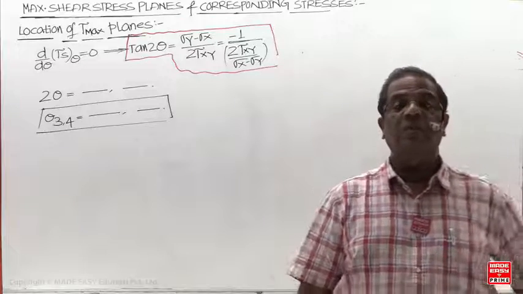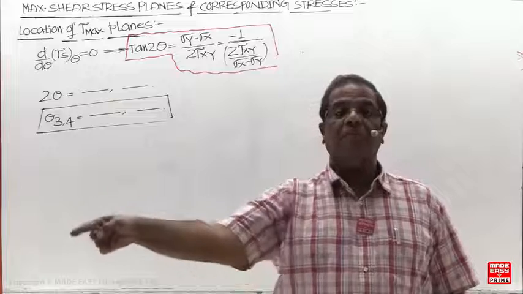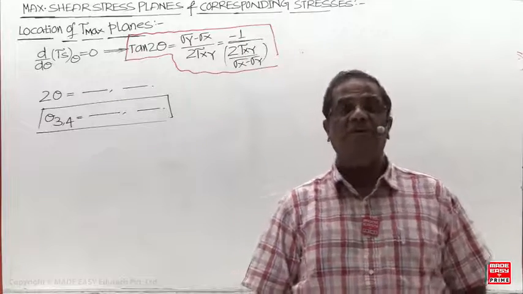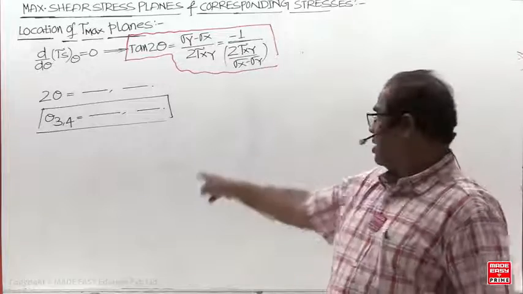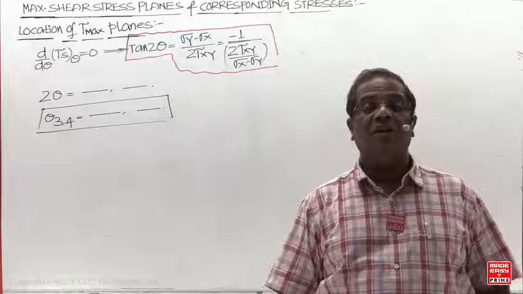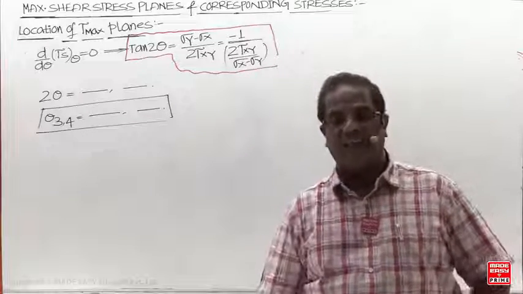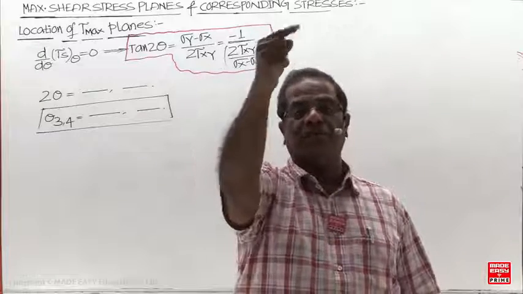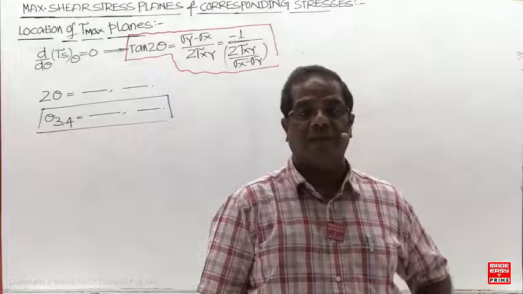Theta 1 represents the location of the major principal plane from the x face. Theta 2 is the location of the minor principal plane from the x face. Theta 3 and theta 4 represent the location of tau max planes from the x face. All thetas are measured from the x face. If theta is positive, it is measured in the clockwise direction; if negative, in the anti-clockwise direction.